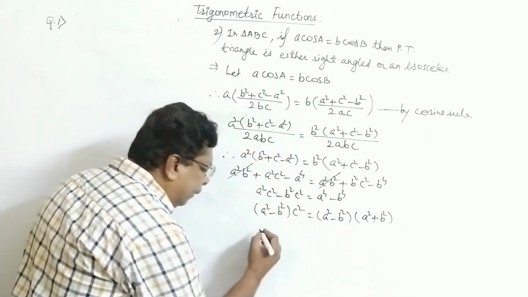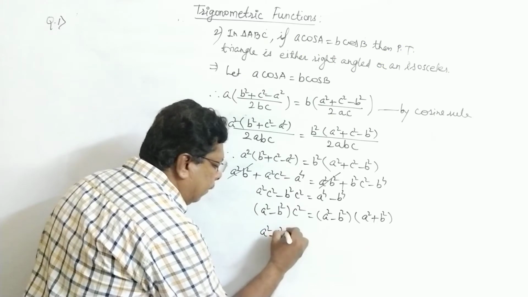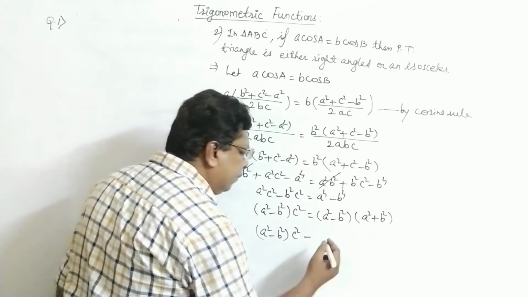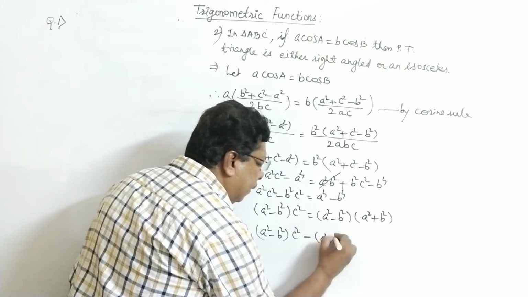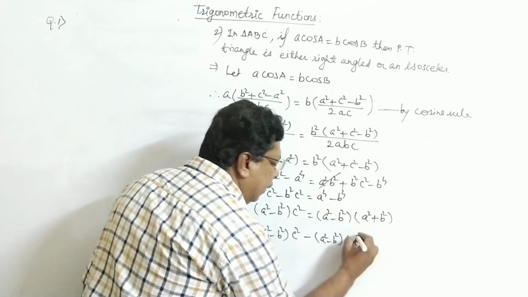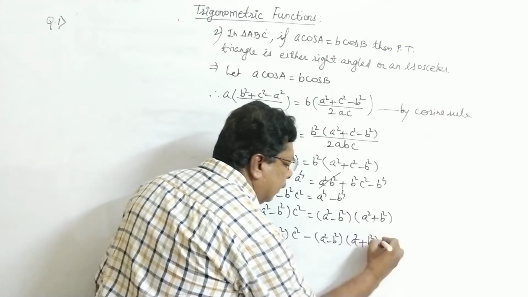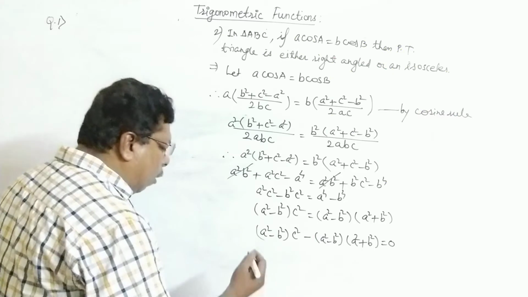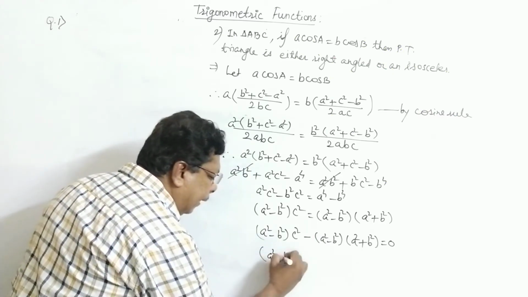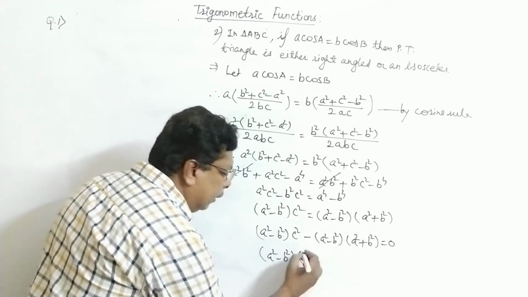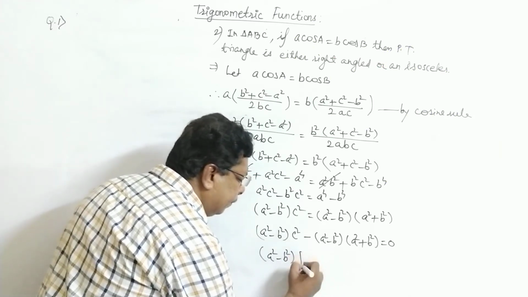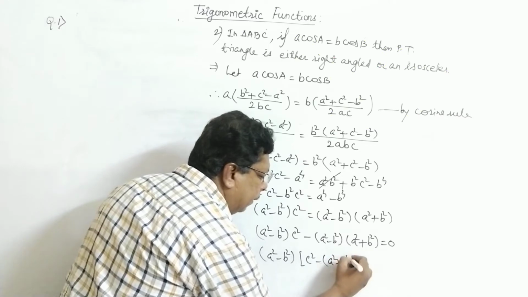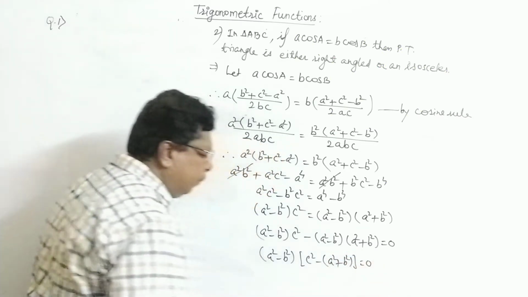Take the terms on the left hand side. It becomes A square minus B square into C square minus A square minus B square into A square plus B square is equal to 0. Now we can take A square minus B square common. In the bracket we will get C square minus A square plus B square equal to 0.